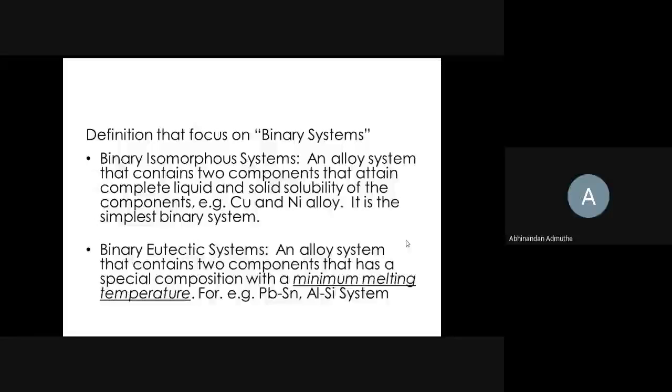Then binary systems. Here we have two binary systems: binary isomorphous system and binary eutectic system. Binary isomorphous system is an alloy system that contains two components that attain complete liquid and solid solubility of the components, for example copper nickel alloy.